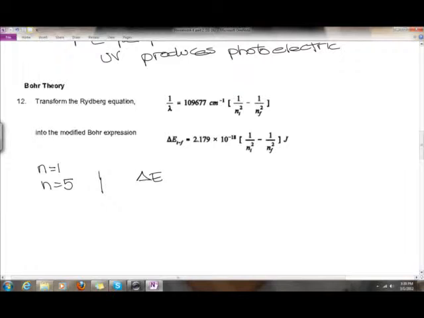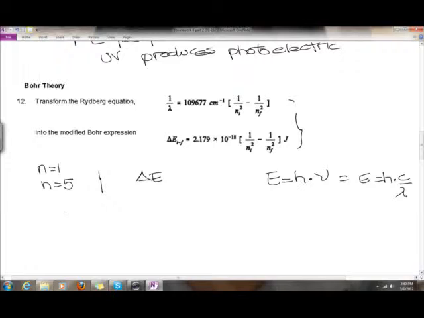What you basically have to do is use the 1 over lambda in terms of energy. So the Planck energy for a photon would be this multiplied by the frequency. But we did it already, and we said energy is equal to Planck's constant multiplied by the speed of light divided by lambda.